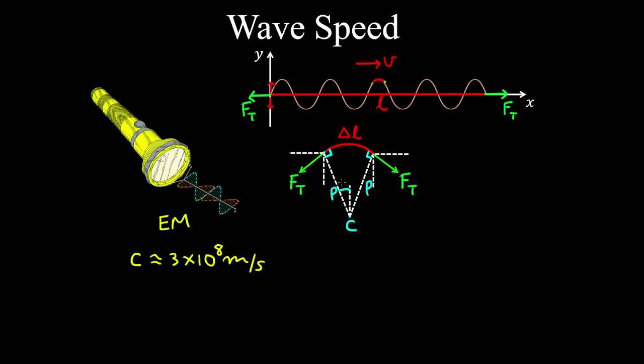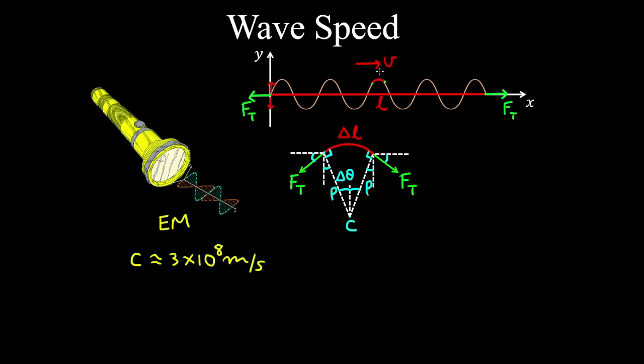And this angle here we take as delta theta, which is equal to this angle. So by geometry, this angle will be delta theta, and so will this angle, and the same on this side.